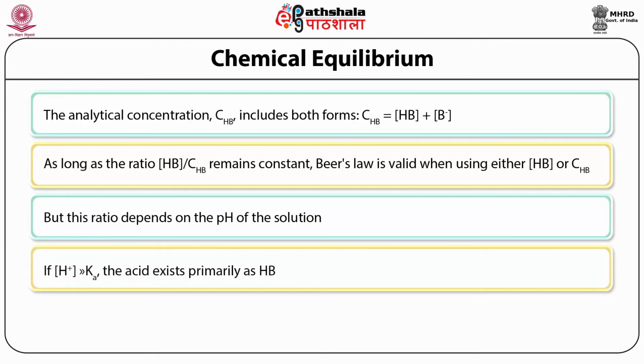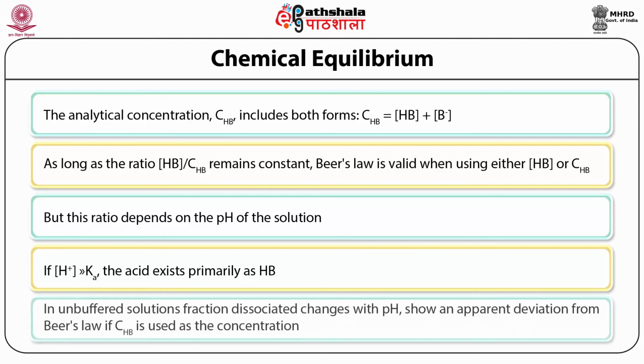If [H+] is much greater than the value of Ka, the acid exists primarily as HB and there is no problem. However, in unbuffered solutions, the fraction dissociated changes with pH, which in turn is a function of total concentration CHB. Such a system will show an apparent deviation from Beer's law if CHB is used as the concentration.